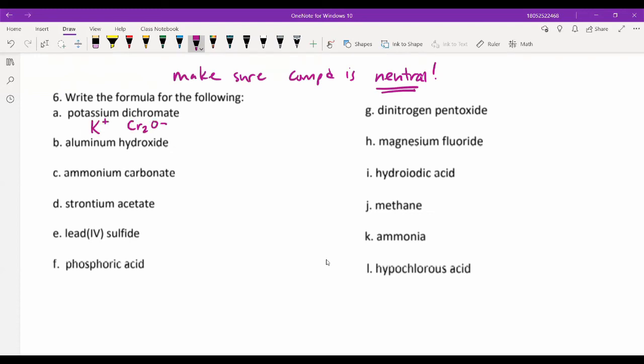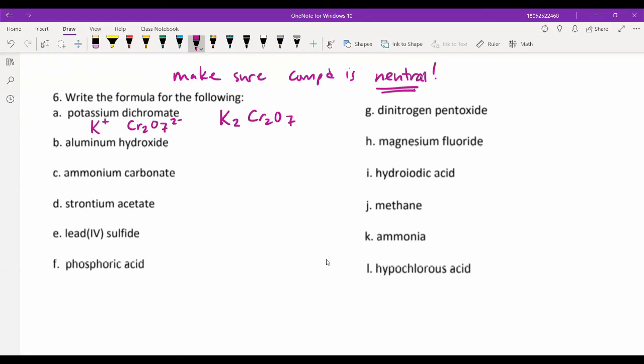Dichromate, you probably have to look that one up, the formula is Cr2O7, the charge is -2. So when you put these together, again, you need to have 2 potassiums, right? We're doing the crossing thing of the subscripts to make sure that the compound is neutral. So if you just write K, Cr2O7, that would be wrong.